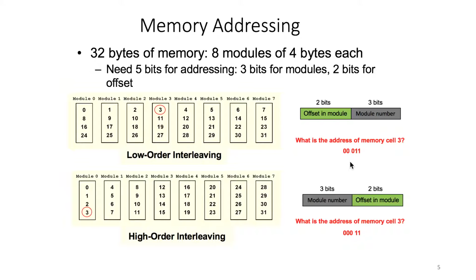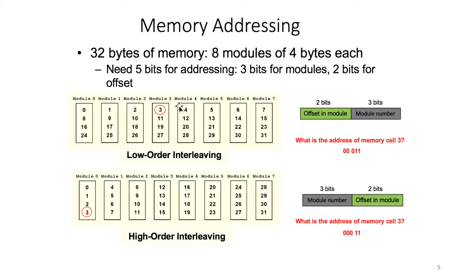So now, for example, we want to access the memory location or address 3. We can see that address 3 corresponds to module number 3 and offset 0. The module number 3 can be represented by the 3 bits right here. That's going to be 0, 1, 1, so that equals 3.